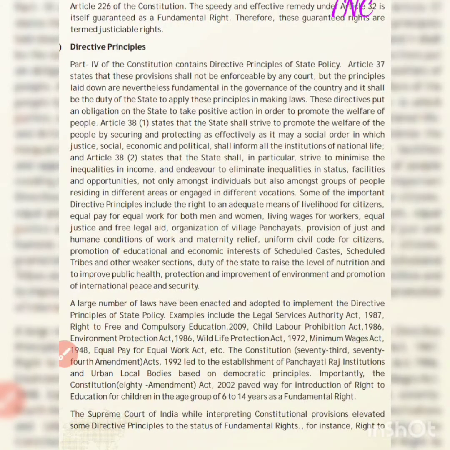Not only in Allahabad, where two individuals living in Allahabad at the same post are given different income, so now you are eliminating that inequality. No, if at the same post all over India, every person is bound to get approximately the same amount of income. So that's how the thing is. So you have to ensure the equality in status, facilities, opportunities, income, not only amongst individuals living in the same area but amongst groups of people living in different areas.